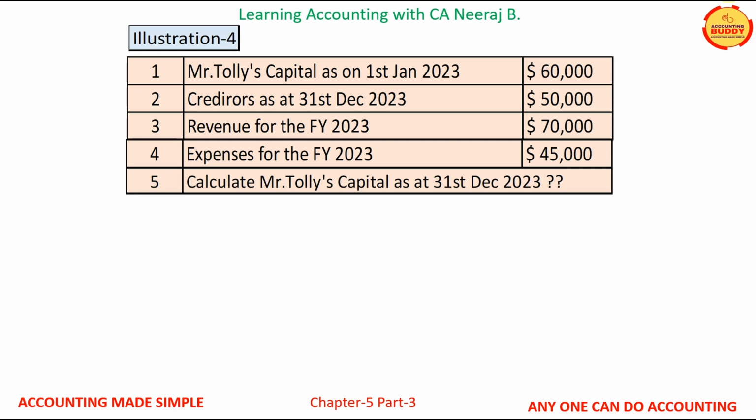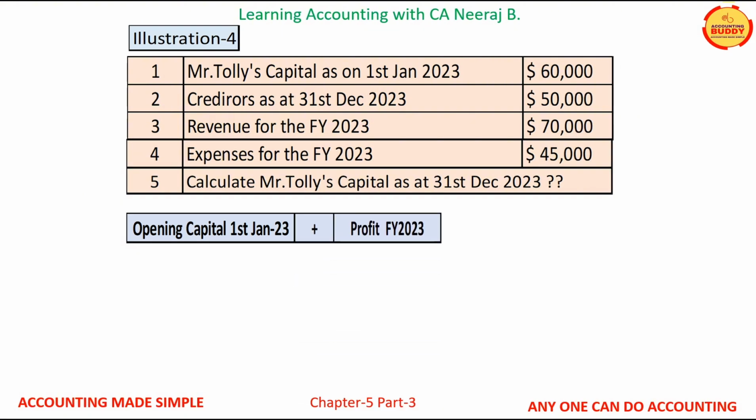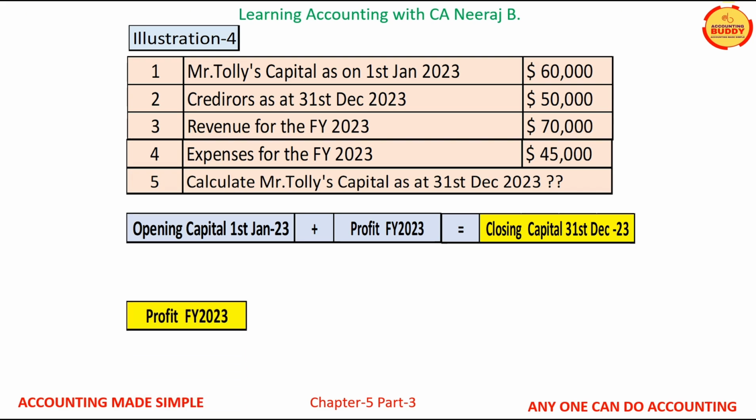Now we very well know that if to the opening capital as on 1st of January 23, we add the profit for the year 23, we will get the closing capital as on 31st December 23. Since the profit for the financial year 2023 is not given, let us first calculate the profit for the financial year 23.